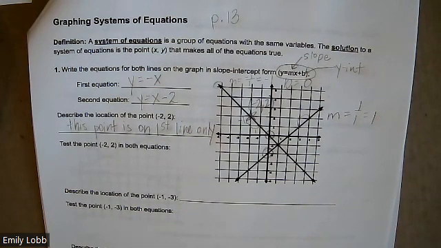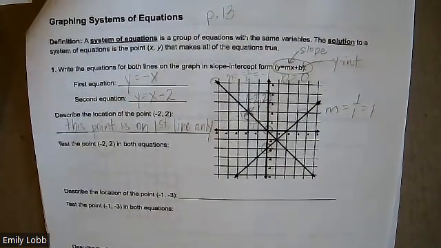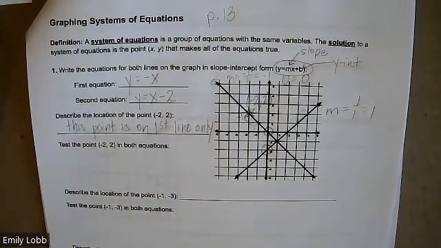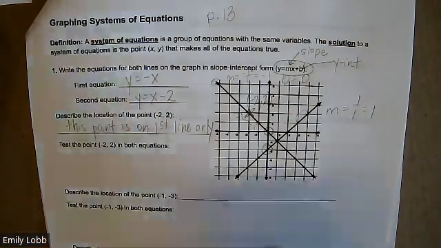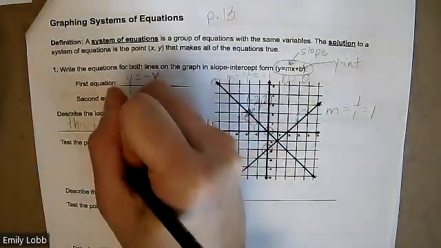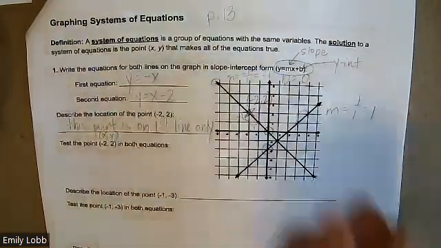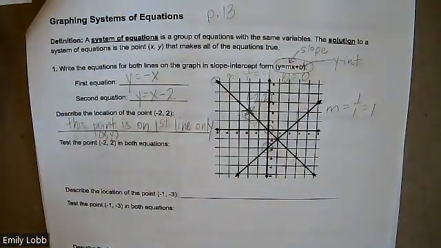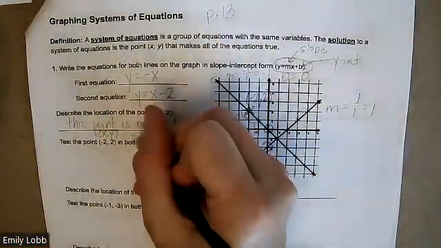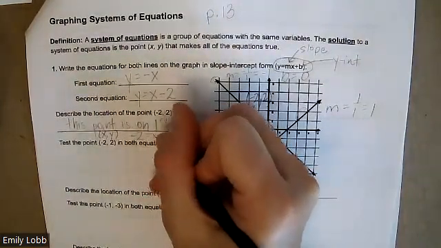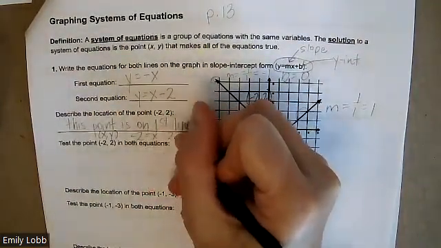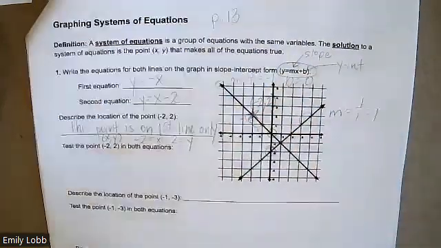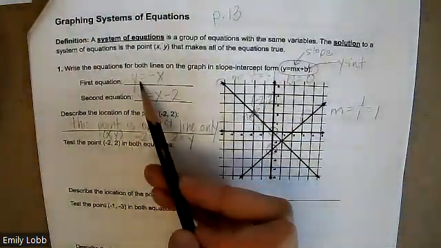Now we're testing that point in both equations. What that means is we're putting in what for x? Which one of these is the x value? Remember, they're always listed as x, y. So we're putting -2 equal to x and 2 equal to y into both of these equations.